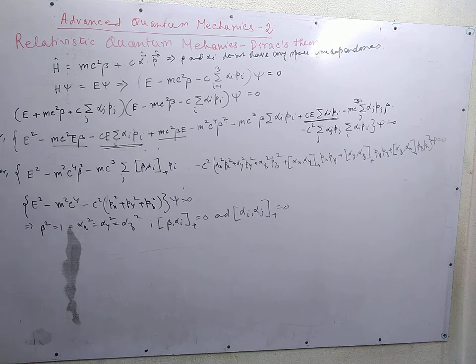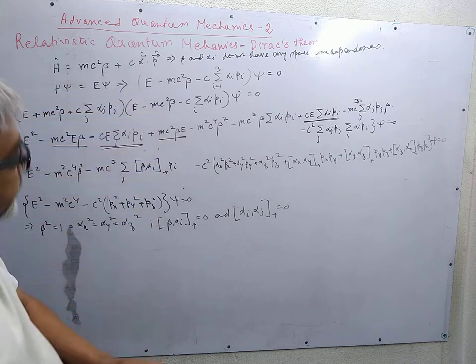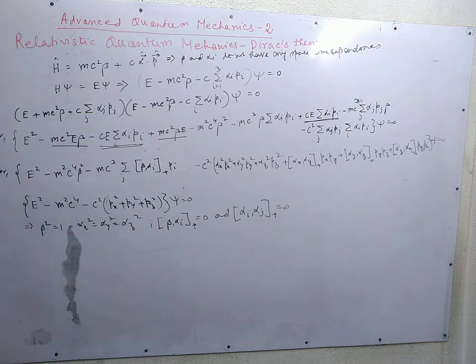So our aim is to find 4 matrices. Since the Hamiltonian is Hermitian, and the right hand side p's are Hermitian, we need to have operators beta and alpha i. They are Hermitian operators, that is, square matrices, such that all these 4 quantities anti-commute in pairs.